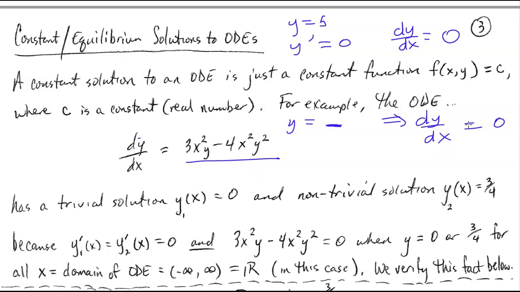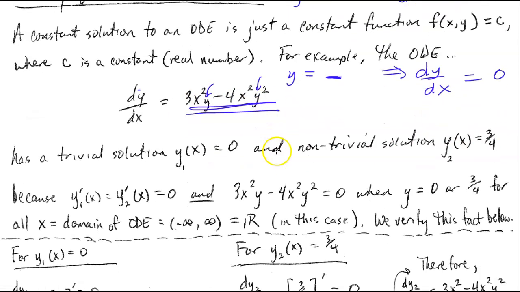And if I can find values of y that I can plug in, let's say here and here, that make this entire expression equal to 0, then those values of y would satisfy this particular equation. Because again, we know that if I took the derivative of y, and it's a constant, it is going to equal 0. But I also want to make sure that it satisfies this as well.